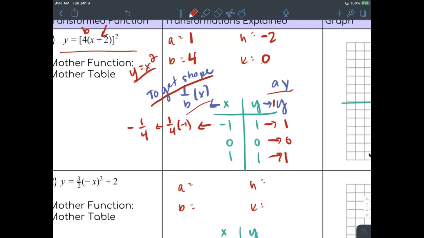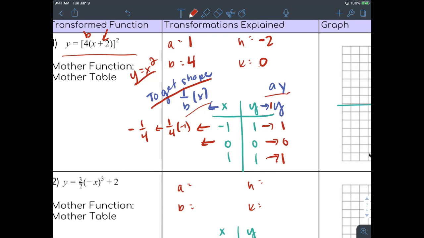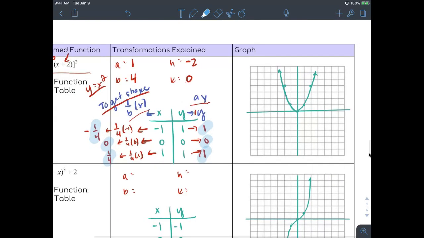And then I'm going to do it again. 1/4 times 0, which is 0. And then this one is 1/4 times 1, which is 1/4. So now I can see my points. I'm going to graph negative 1/4, comma 1, 0, comma 0, and 1/4, comma 1.